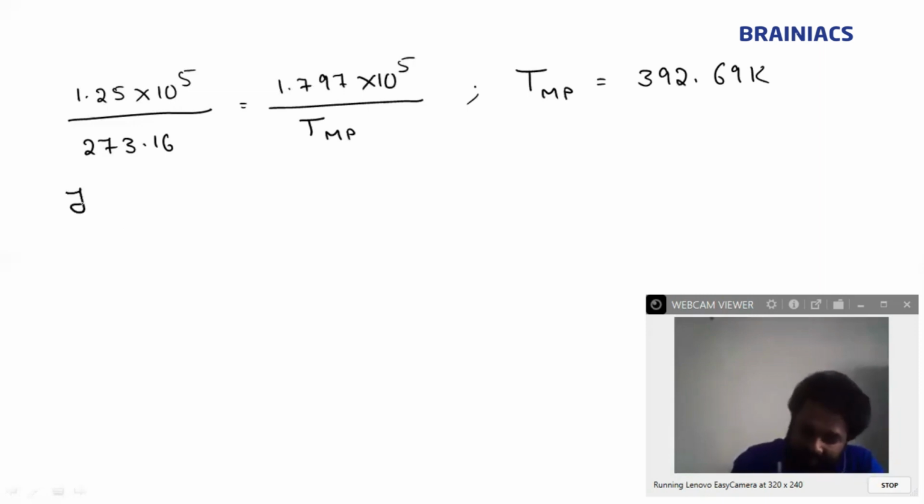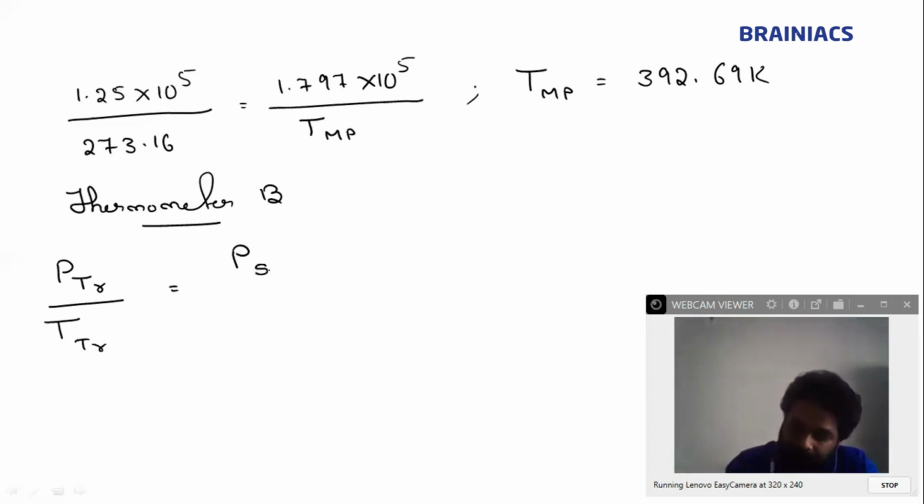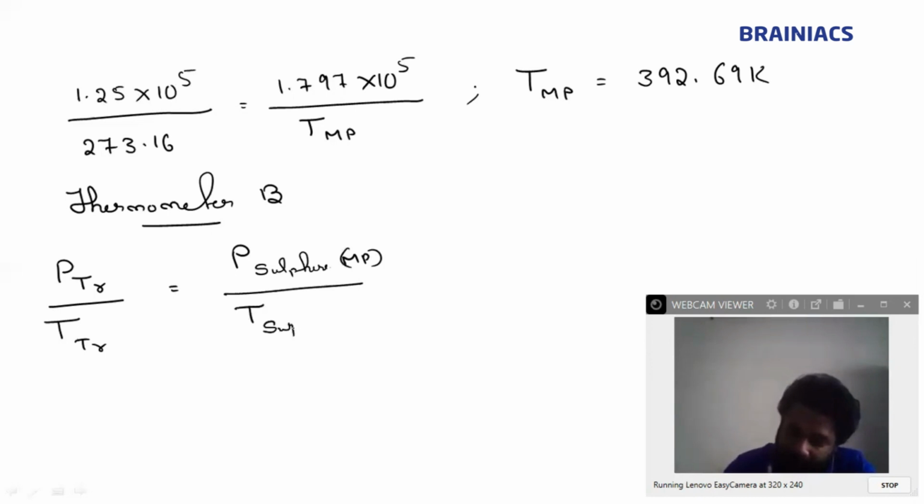Now we will consider thermometer B. Pressure at the triple point of thermometer B divided by temperature of the triple point is equal to pressure of sulfur at melting point divided by temperature of sulfur at melting point.